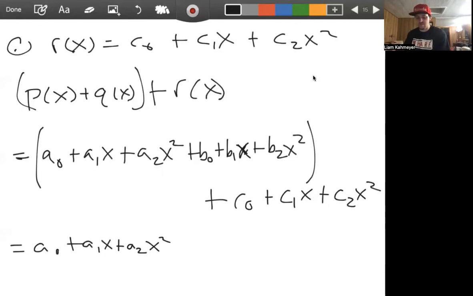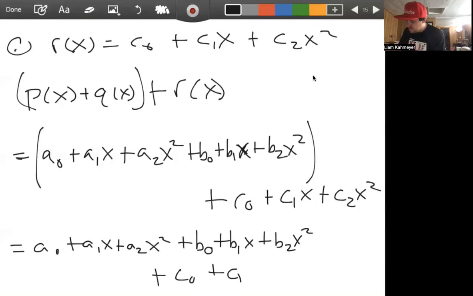And to be explicit here, to prove this, you need to have a middle step, right? You write this as you drop all parentheses. So you'd have B naught plus B1X plus B2X squared plus C naught plus C1X plus C2X squared.